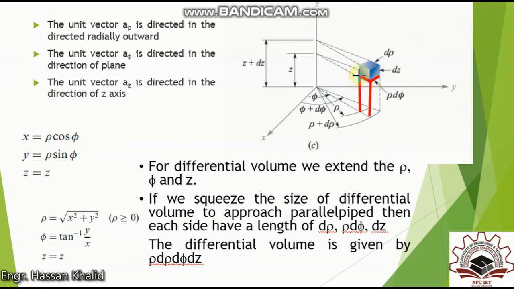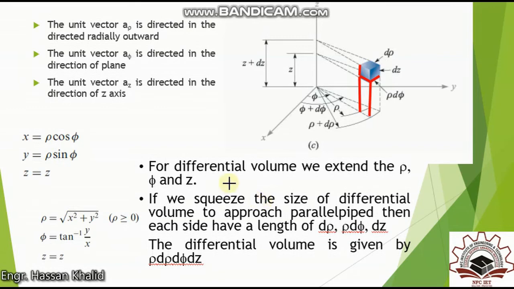Similarly, if the length at this point is z, the incremental length in the z-axis will be dz. So for the differential volume, we extend all the sides in the direction of rho, phi and z.